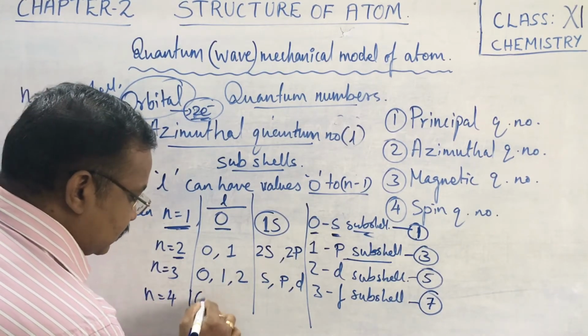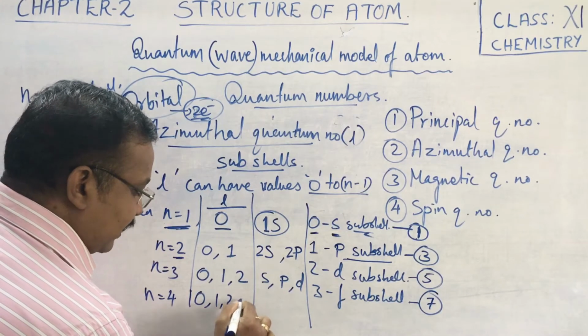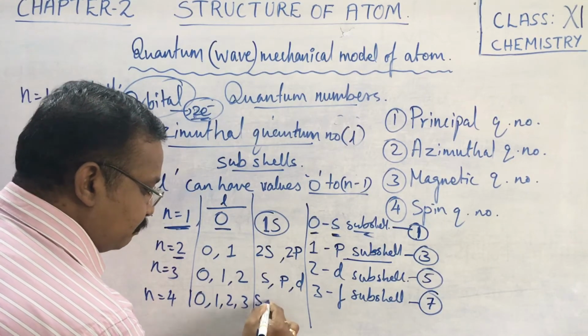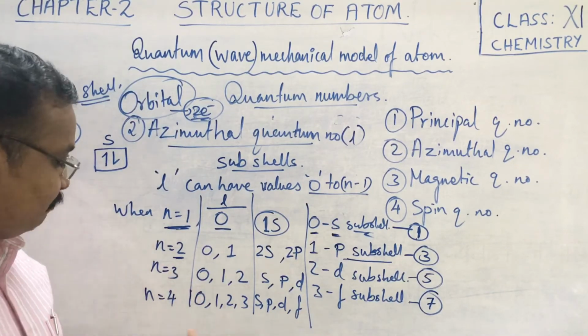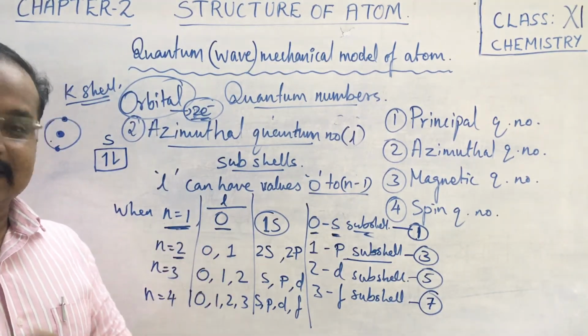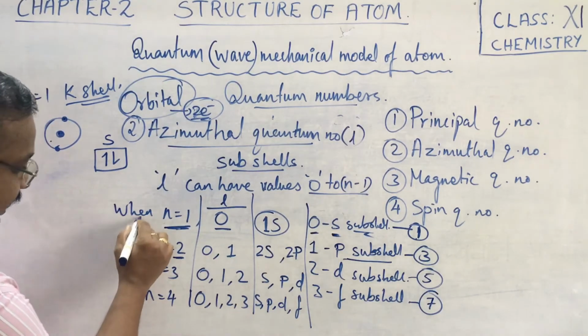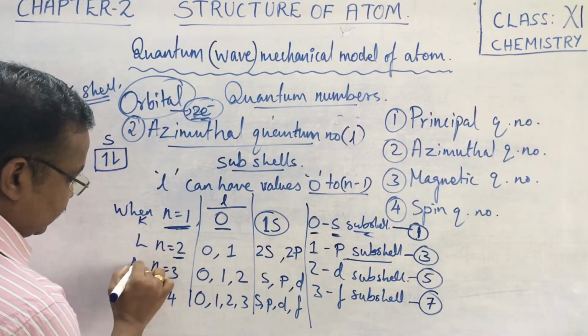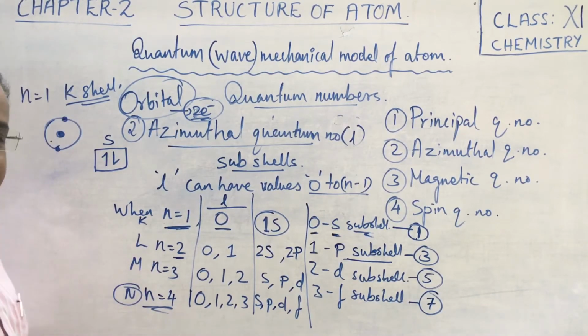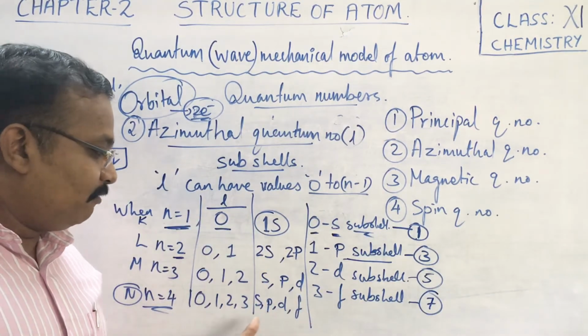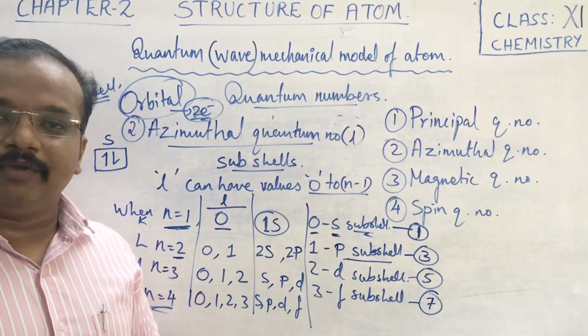Then we have 0, 1, 2 and 3, meaning s, p, d as well as f orbitals can be found when n is equal to 4. This is our K shell, this is L shell, this is M shell and this is N shell. So in the nth shell, when n is equal to 4, even f orbitals can be found.